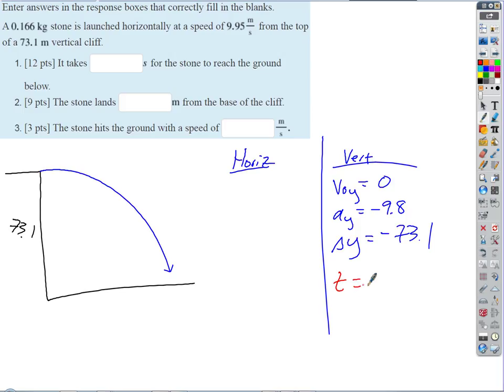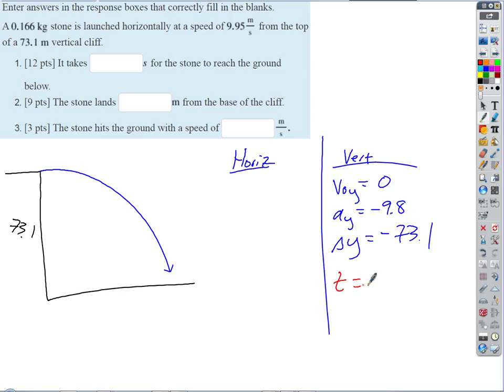Which one are we going to use? Two's not going to work though, because we don't know the final velocity, right? See what I'm saying? Which one are we going to have to use then? 3. Yeah, we're going to have to use 3, aren't we? But 3's okay, because it gets easier, because look, the first term's going to drop off, right? Because the initial velocity is 0, right?